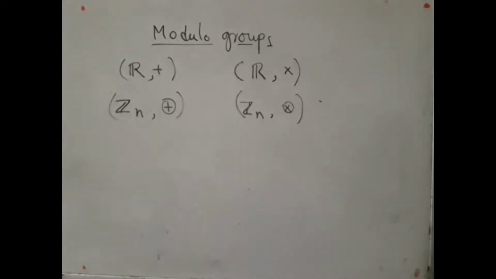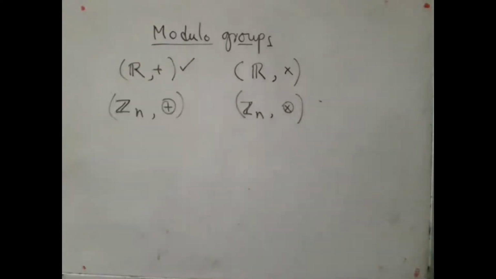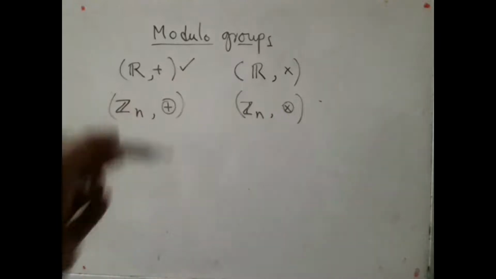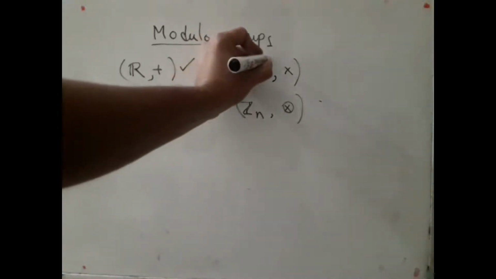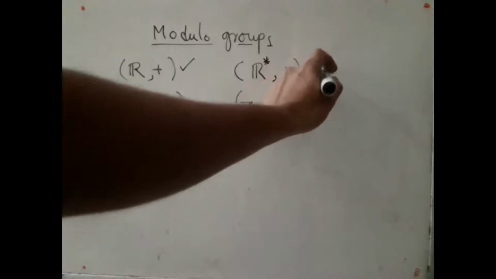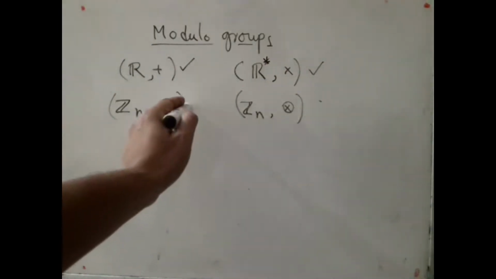When we looked at this R plus, we knew that it was a group. Then we asked the question, is this a group, R with multiplication? And we saw that no, it's not a group. Certain elements did not have inverse, in particular 0. Throw that out and that then becomes a group. We also saw just now that Zn plus was a group.